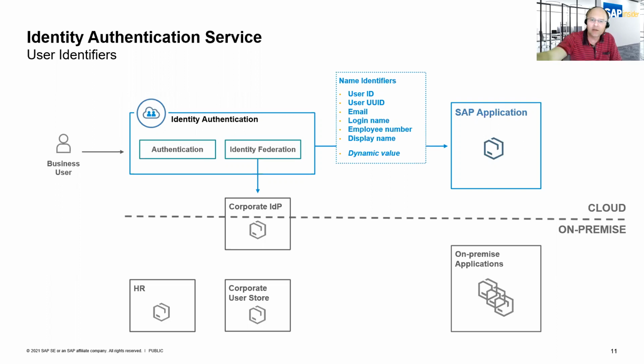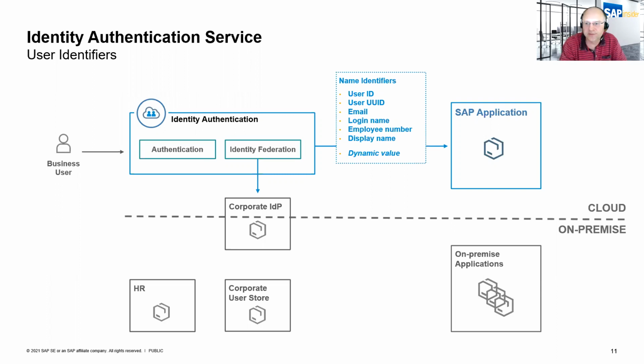So identity authentication offers a wide range of identifiers depending on the needs of the application, from the user ID that identity authentication itself established. And the user UUID is something that was recently established and agreed upon as a very common identifier to be supported across the SAP Cloud Solutions.